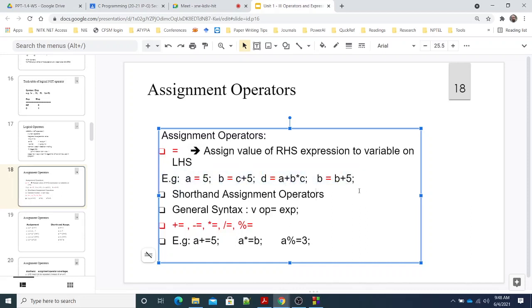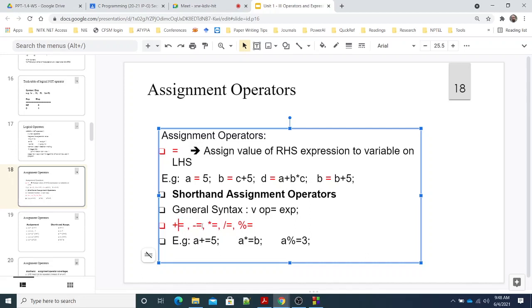Everybody knows this. There are some additional assignment operators, which we call shorthand assignment operators. These are the shorthand assignment operators: plus immediately followed by equals symbol, no space in between.